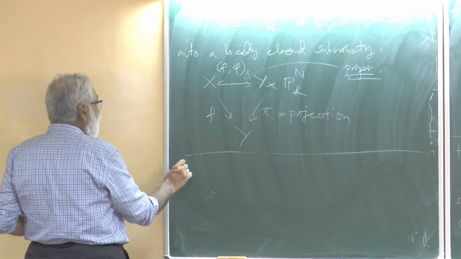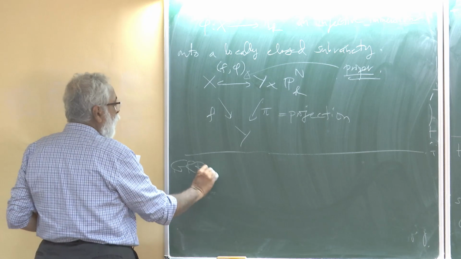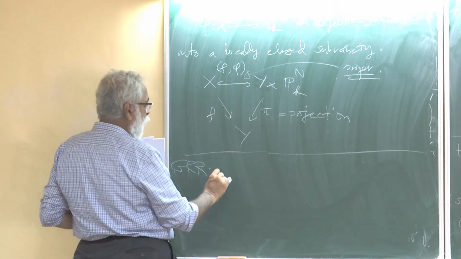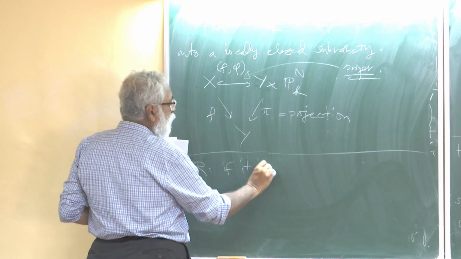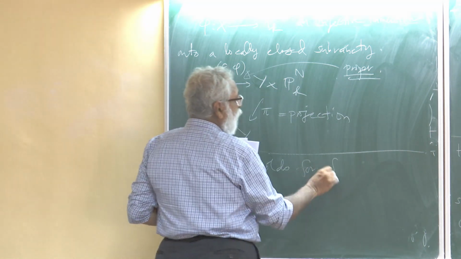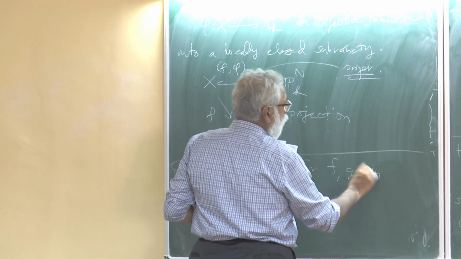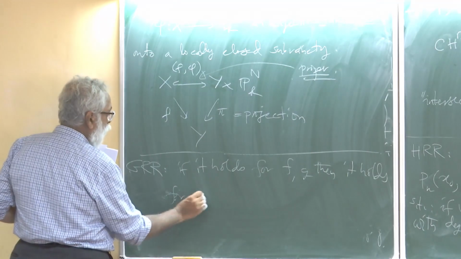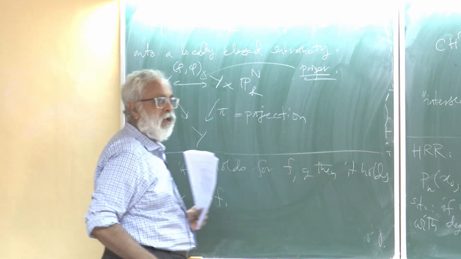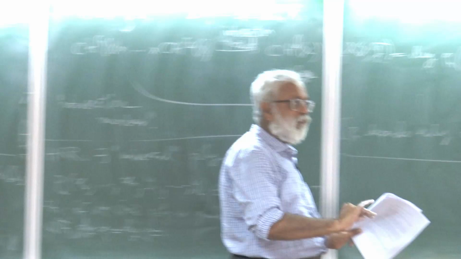Right. And another feature, it will turn out, in the nature of the theorem GRR: if it holds for f and g, then it holds for g composite f. Whatever the statement of the theorem is, it will have this character.